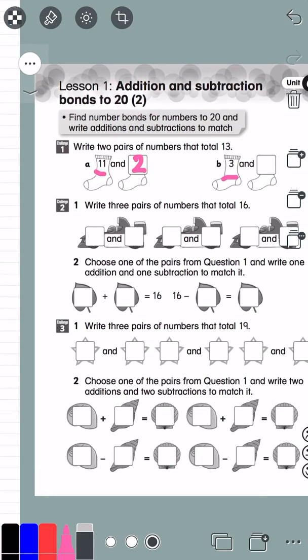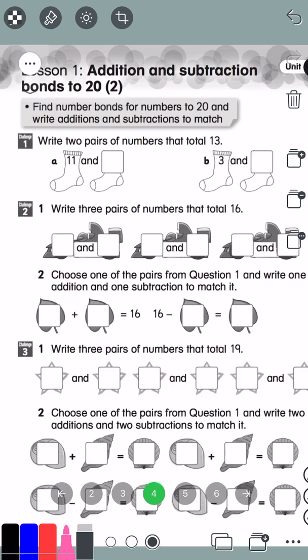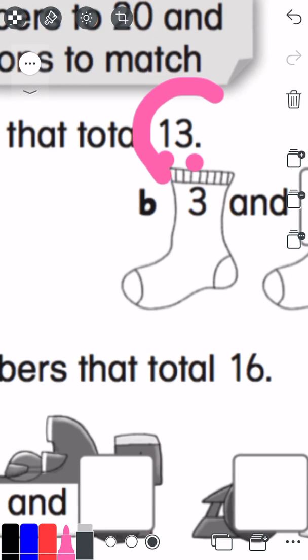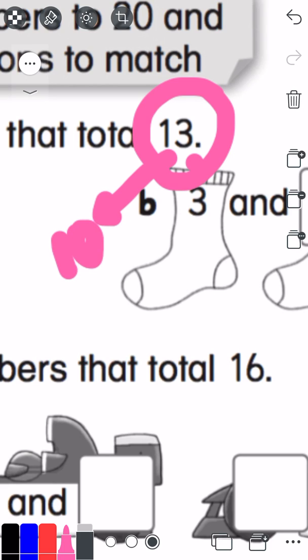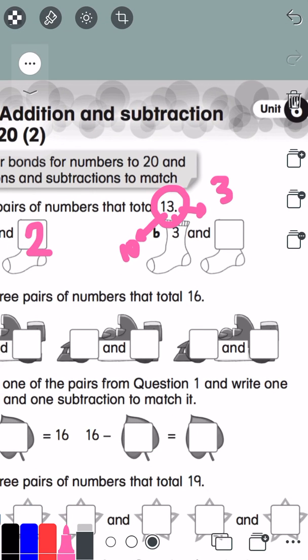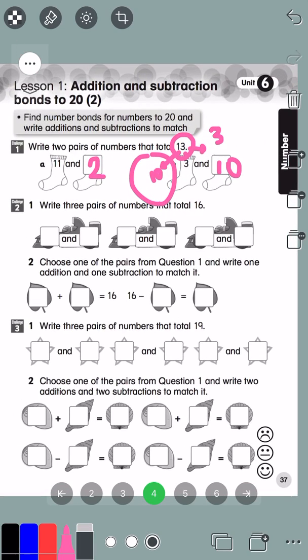Or 3 plus what equals 13? Now you can count on using your fingers, or you can say that 13 is 10 plus 3. So here we have 10 in the tens, and we have 3 in the ones. So 13 equals 3 plus 10.